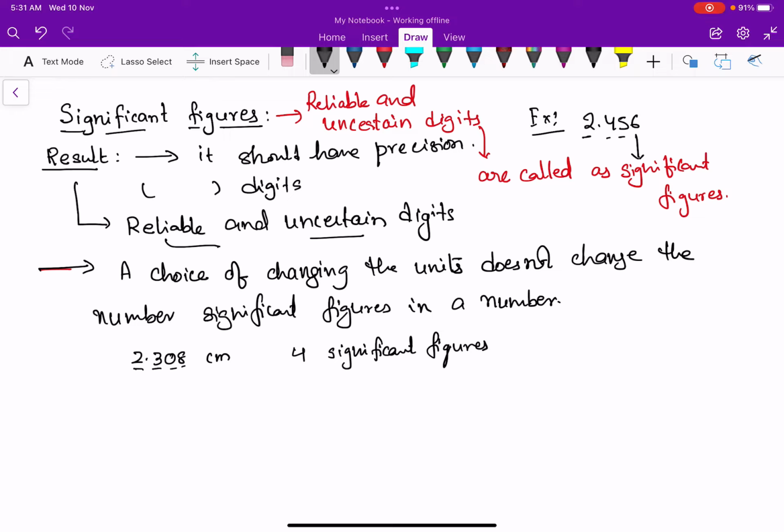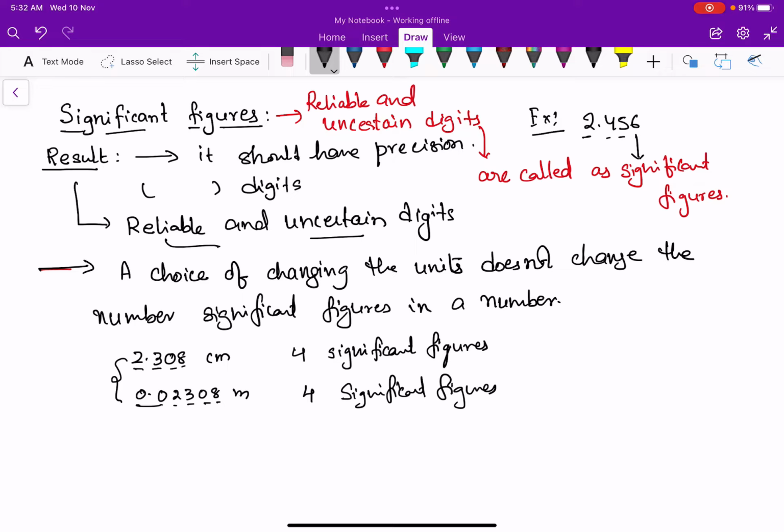Now if I write 0.02308 meters, both values are same, but digits have changed. Count it: 1, 2, 3, 4. Of course, the leading zeros are not considered. We'll see the conditions also. How many? 4 significant figures. So these are the simple conditions.